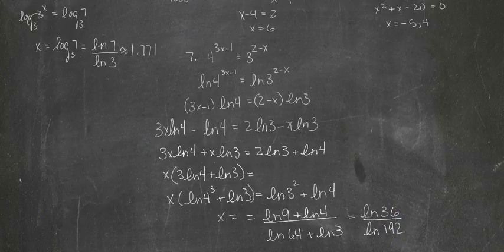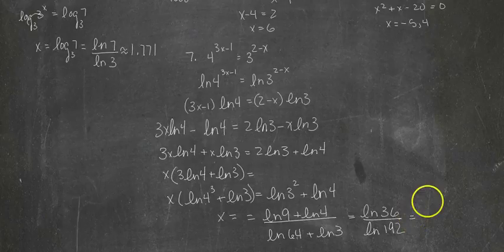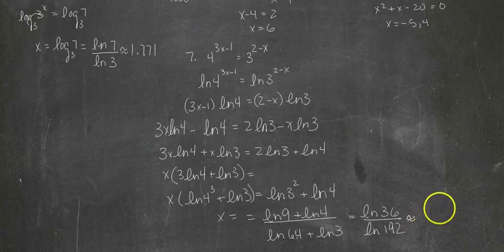And I could go a little bit farther and say, oh, I can't go any farther. It looks like a property, but it's not. So if I put this in my calculator, I end up with x being approximately 0.68. So a bunch of gobbledygook.